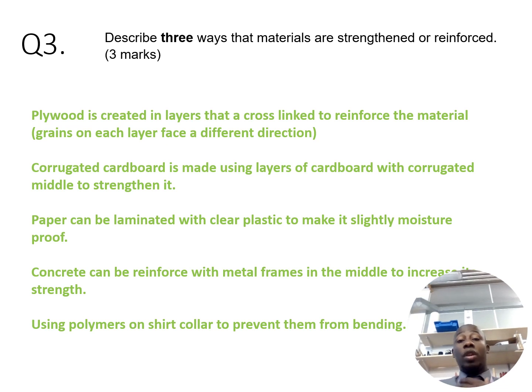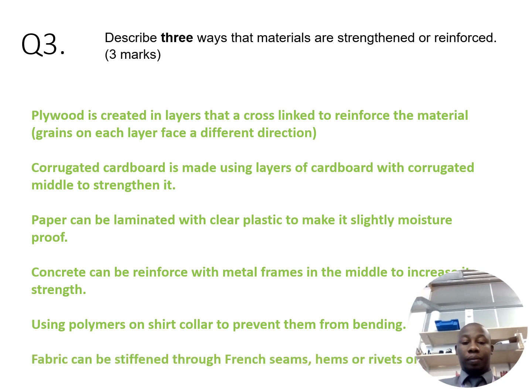Or we know if it's fashion, on collars, some manufacturers would put a plastic or a polymer inside the collar, and what this does, it prevents the collars from bending and flexing too much, so they stay rigid at all times and looking sharp.